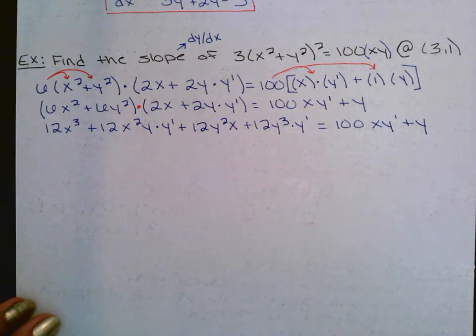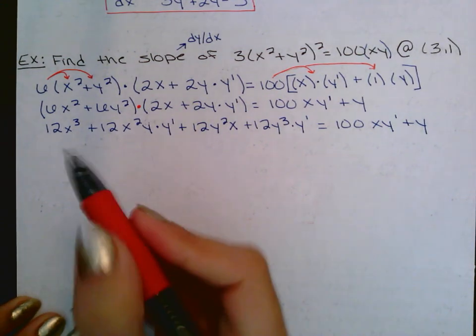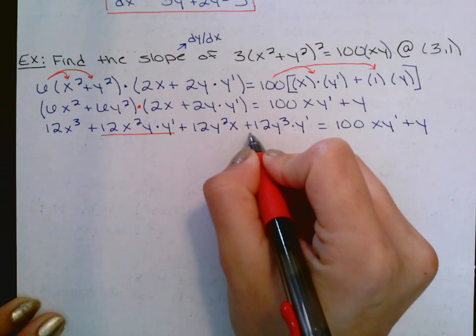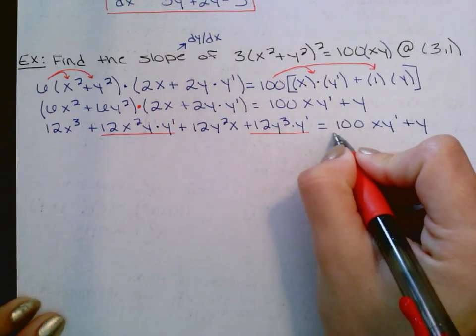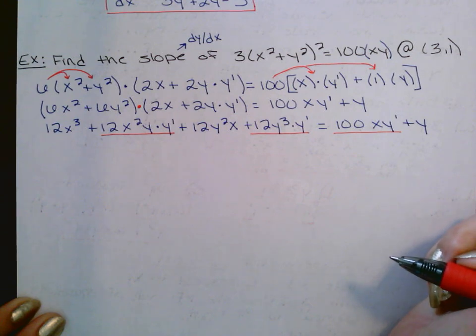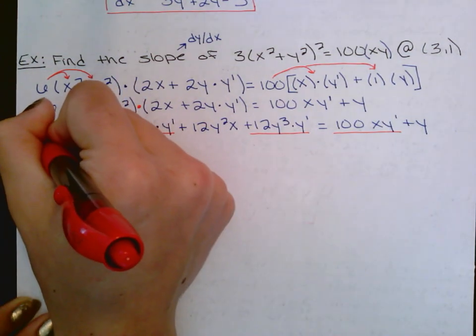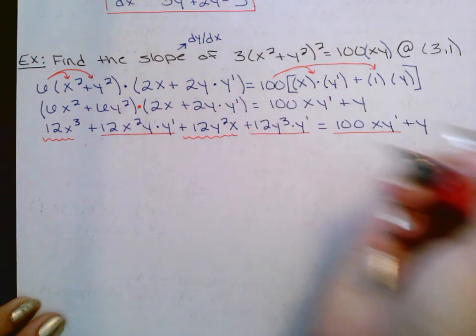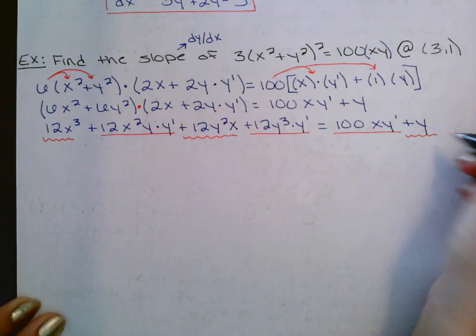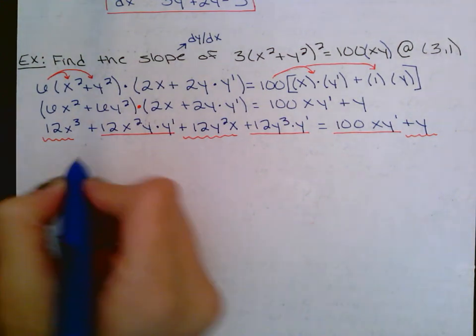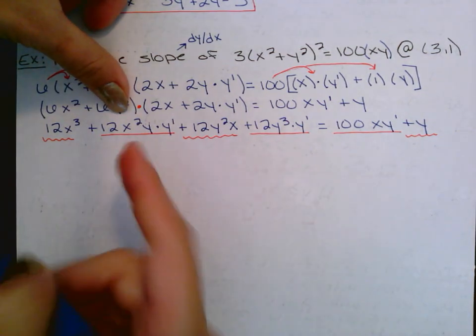So now I have this term has a y prime, this term has a y prime, and this term has a y prime. Those three I'm going to want to have on the left-hand side. This one and this one do not have a y prime, so I'm going to move those to the right-hand side, okay? So let's start with my ones with my y prime.